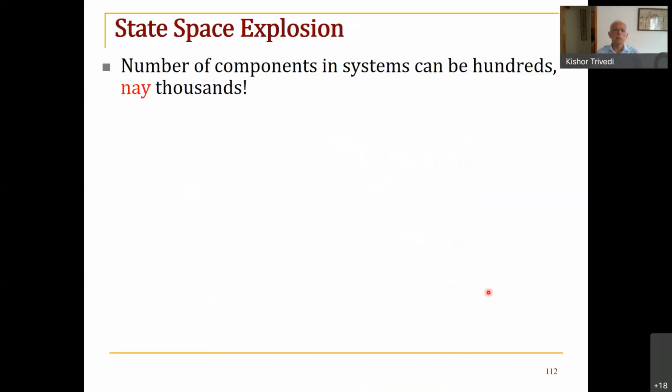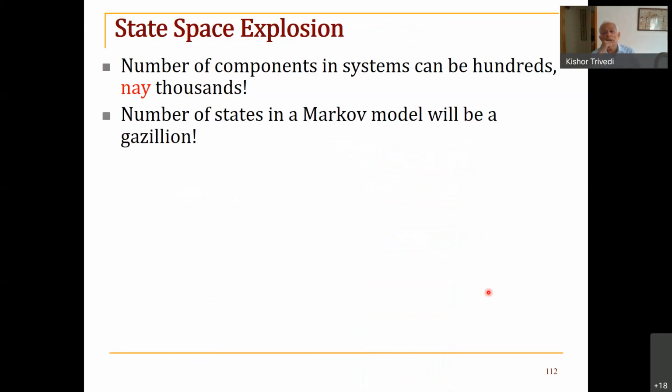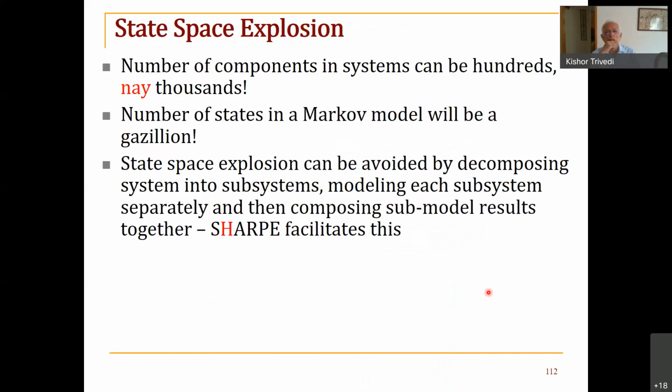The state space explosion problem is that the number of components in systems can be hundreds, maybe thousands, and the number of states in a Markov model will be a gazillion, as my grandson will say, whatever gazillion means. So we need to be able to control the state space explosion, and this we do by means of largeness avoidance methods, multi-level modeling or hierarchical composition.